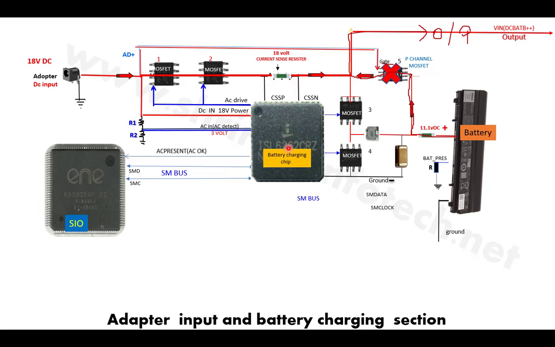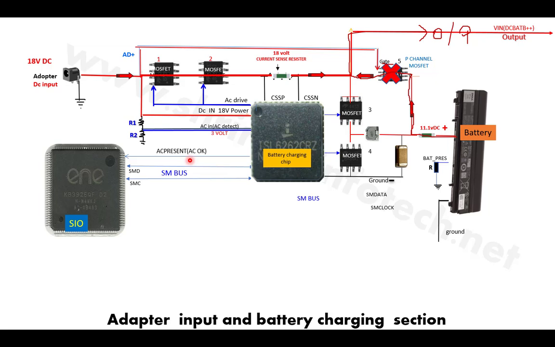The next thing is this chip will inform its boss. The SIO is the boss of the battery charging chips. So once the voltage has entered into the laptop, this chip informs the SIO that the adapter current is present by generating this AC-OK signal. AC-OK means the adapter current is okay, or it's called AC present.